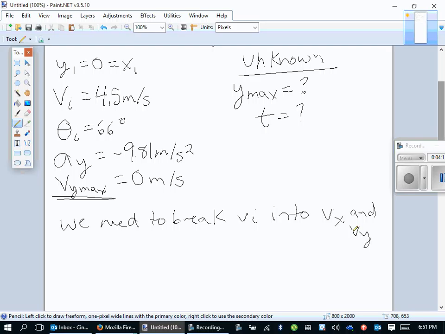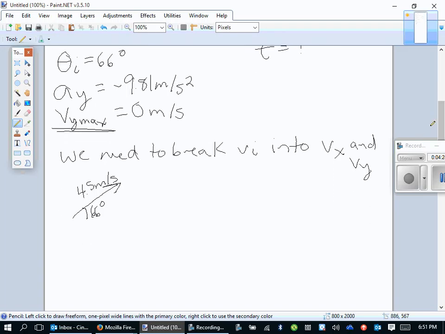So we have this initial speed of 4.5 meters per second, and we know that it happens at 66 degrees. Initially, that is how this ball is launched. In order to get this resultant vector, I must have a vector in this direction added to a vector in that direction to create my resultant.